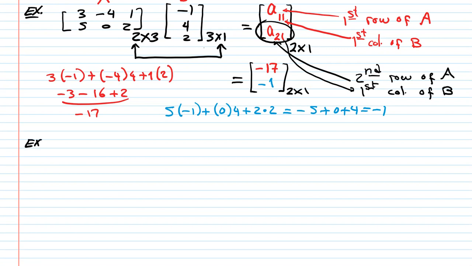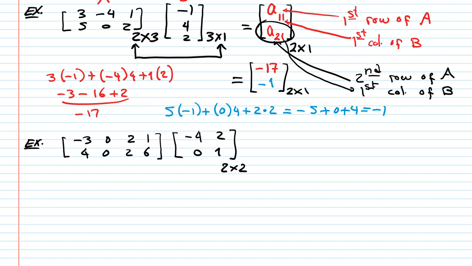Let's take a look at another one. In this example, I'm going to go -3, 0, 2, 1, and then 4, 0, 2, 6. All right, and we're going to multiply this by a 2 by 2. Okay, 2 rows, 2 columns; 2 rows, 4 columns.